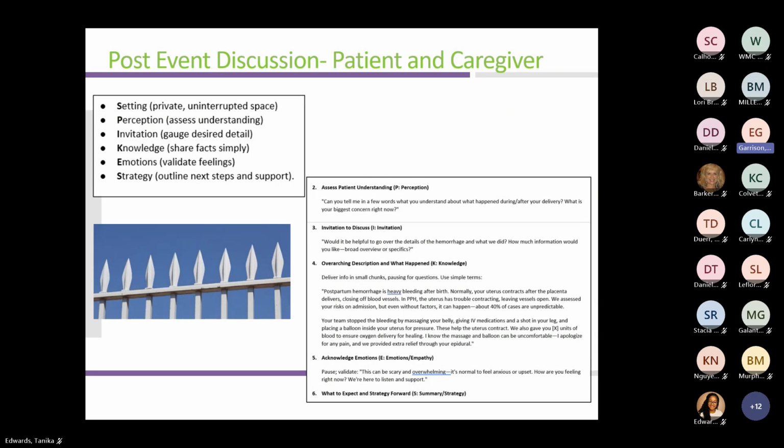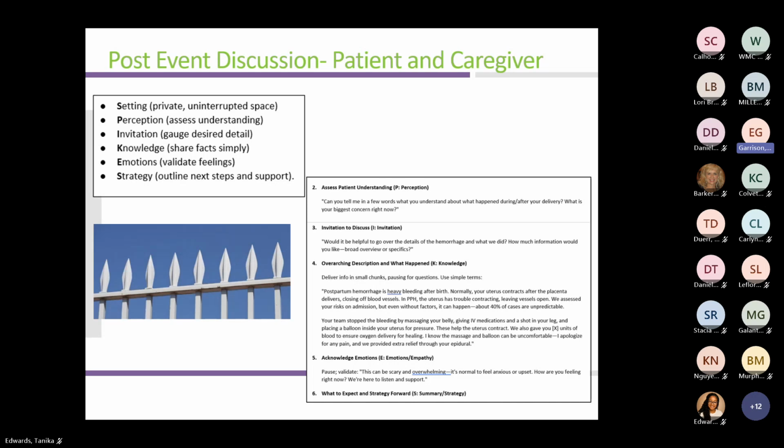And then invitation, and that is when you really ask the patient or the family member what information they would like to know more about, and what level of detail they would like, and what are the main questions that they have at this point, knowing that their desire for discussion will change over time, but this really opens the floor for you to better understand what the patient or the family member want to know, and for you to make sure that you answer those questions.